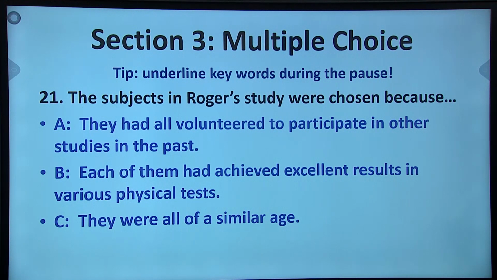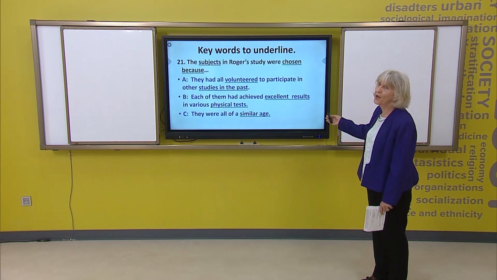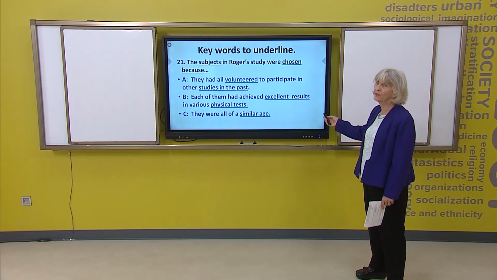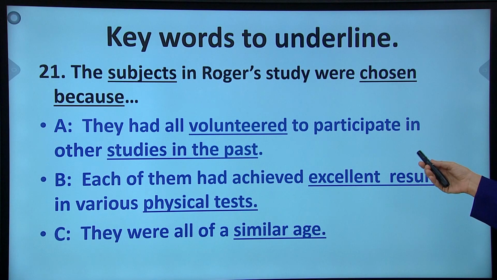Okay, so let's move on and see if we agree. This is what I thought. I hope you've got a similar idea. So in the question, the most important words are subjects, chosen, because. That's what you're listening for. Why were the subjects chosen? All right. A, volunteered for other studies or studies in the past.